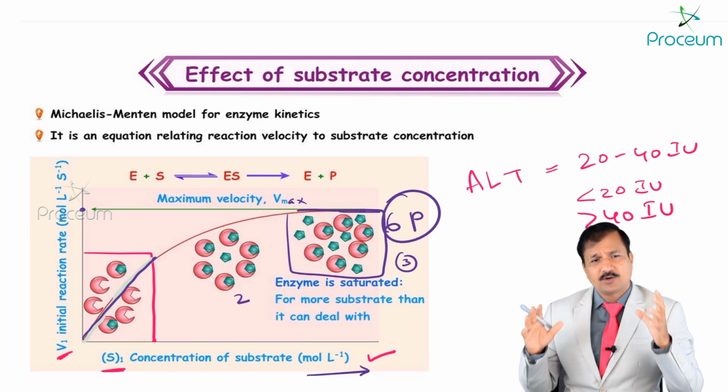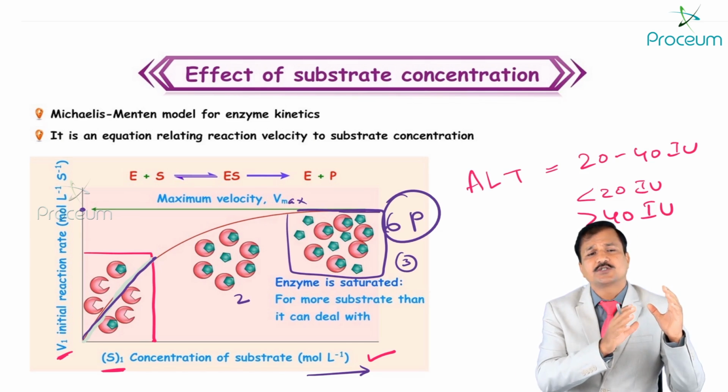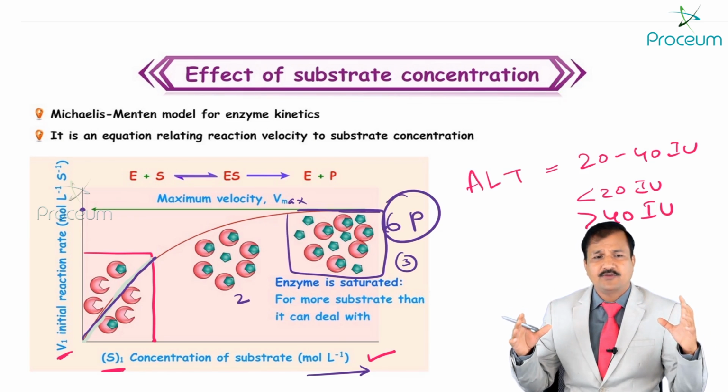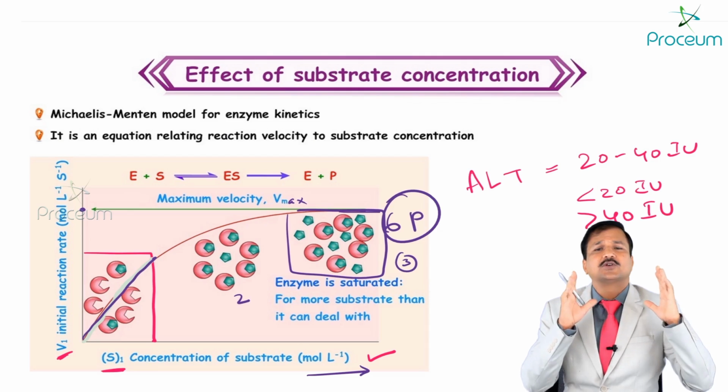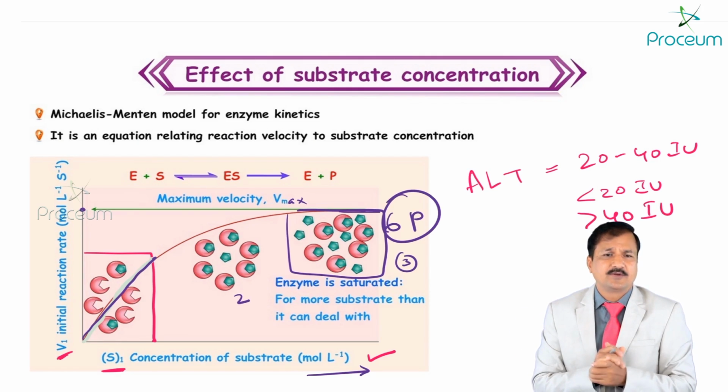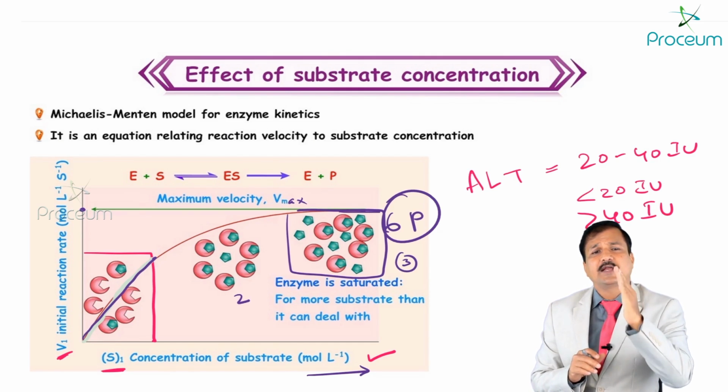So most of our body enzymes work at first order kinetics, group number 1 in the figure. That means we have plenty of enzymes and less substrate. Enzymes are available in plenty, and product formation is dependent on the substrate available, so reaction velocity is directly proportional.